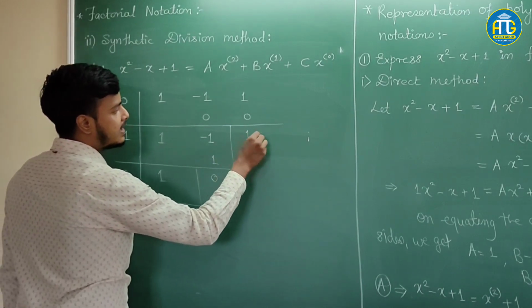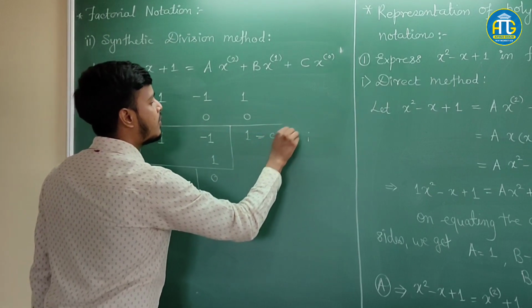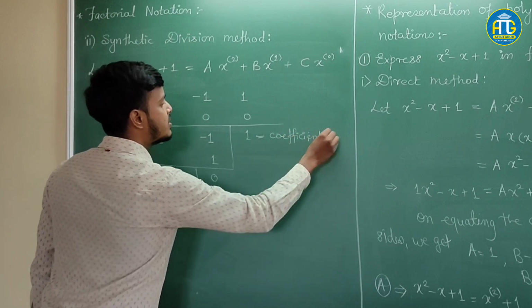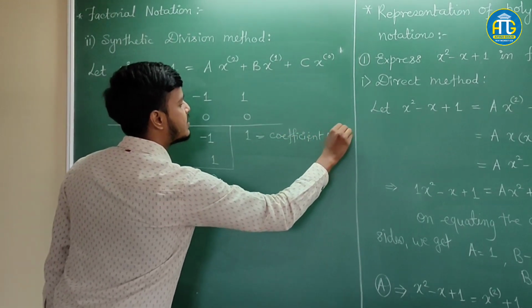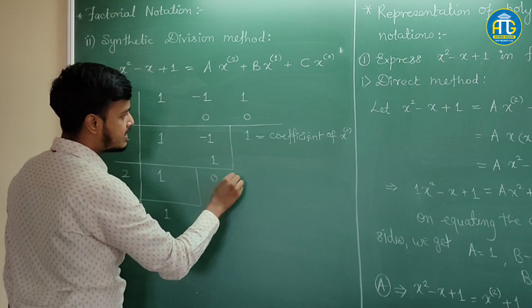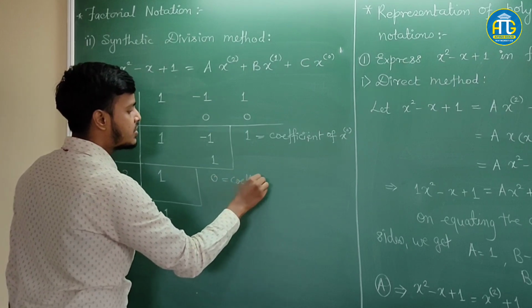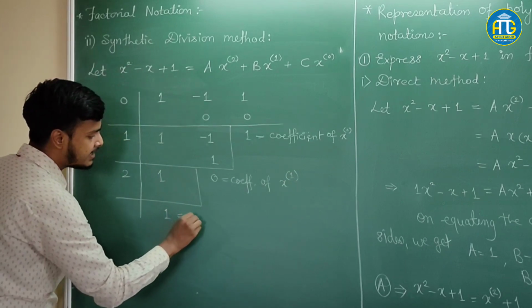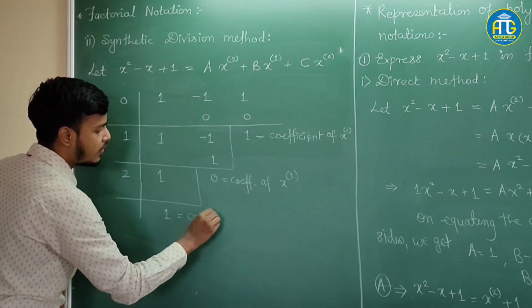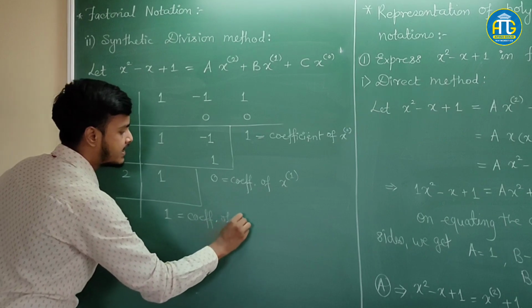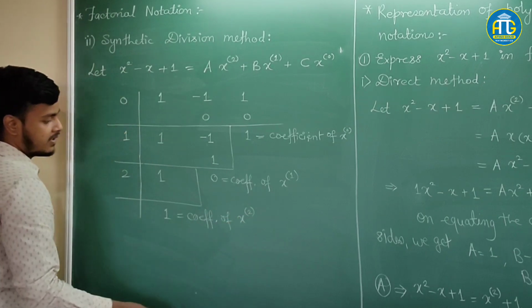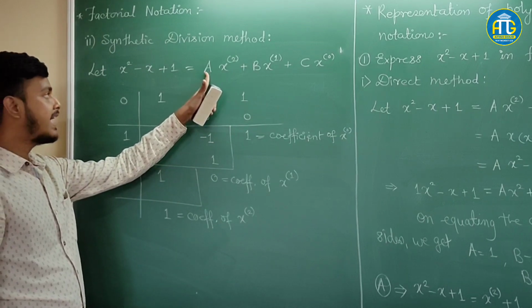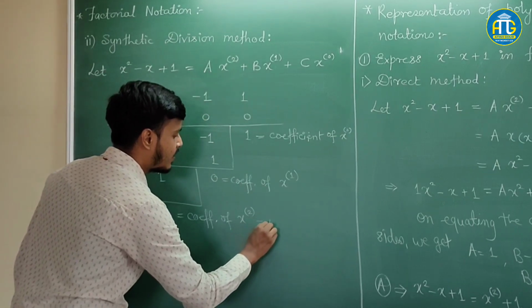Now this is nothing but the coefficient of x raised to 0 factorial. This is the coefficient of x raised to 1 factorial, and this is nothing but the coefficient of x raised to 2 factorial. So here the coefficient of x raised to 2 factorial is a.